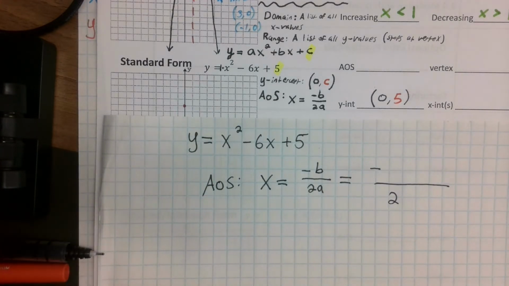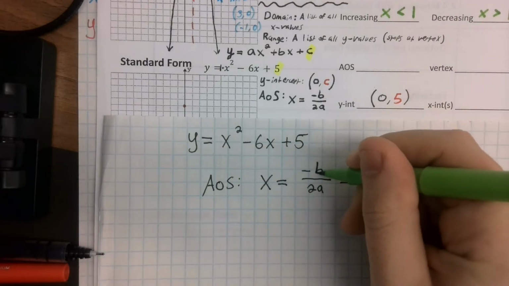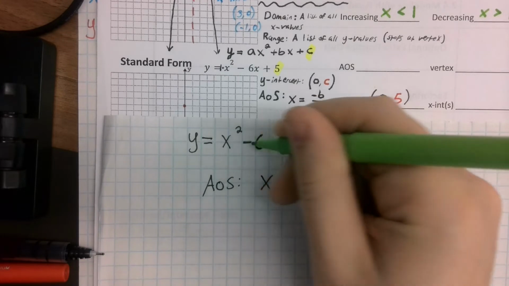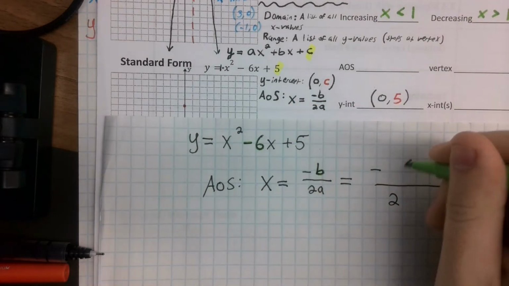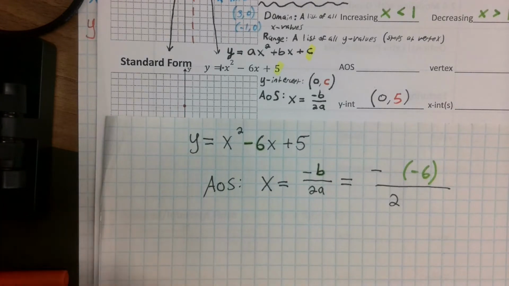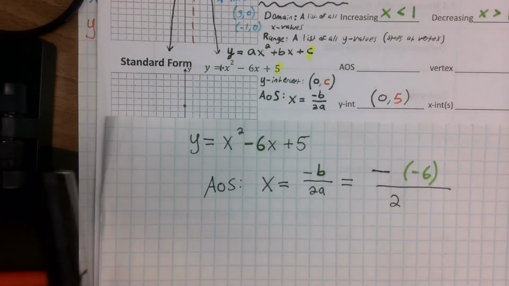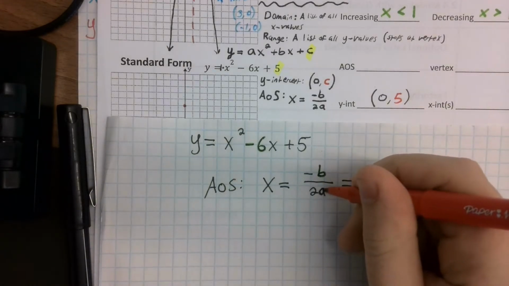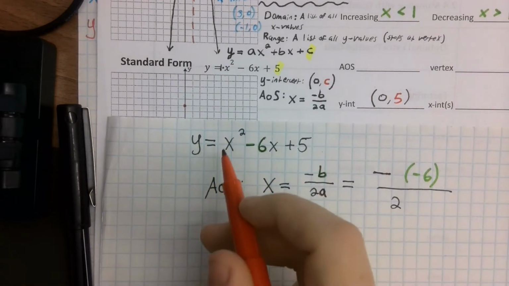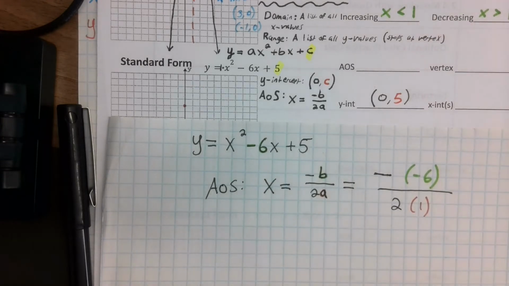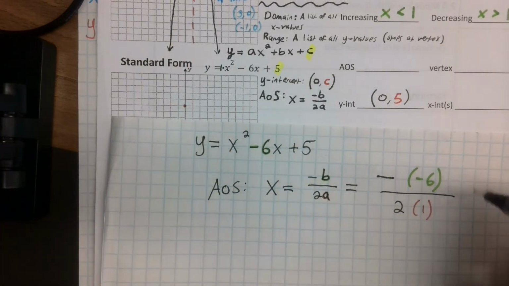It looks like our b value here is negative 6. So this should be negative 6. What about our a value? Well, I mentioned before that when we don't have a number next to our x squared, our a value should be 1. So this is negative 6 divided by 2 times 1.